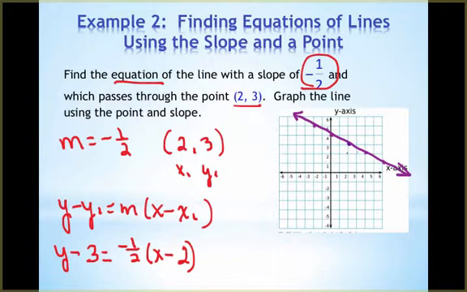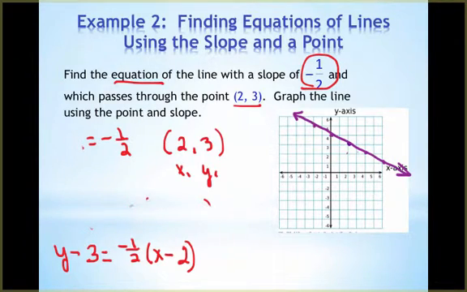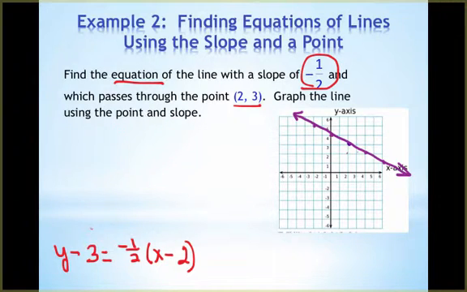Now, one of the things that we can do when we have point slope form is we can also switch that to slope intercept form, which, if we remember, slope intercept is y equals mx plus b. So even though the problem doesn't ask us to do that, let's take a moment and do that.